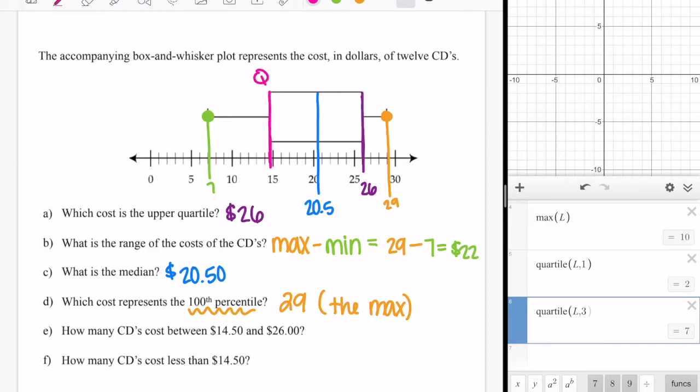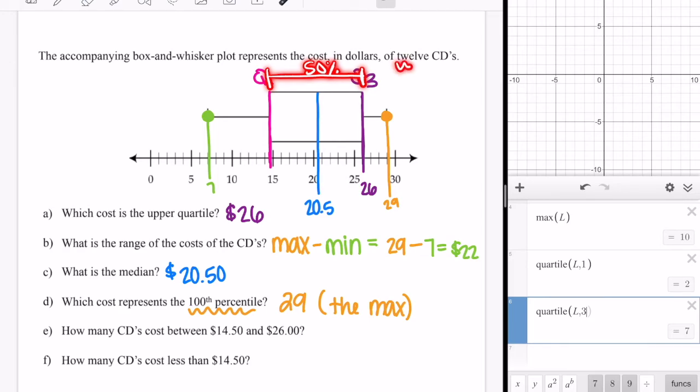So from Q1 to Q3, how many CDs would that be? Well, we've got to think about how many CDs we were talking about to begin with. Remember that from here to here, that's 50% of the data. So 50% of the CDs are between those two costs.